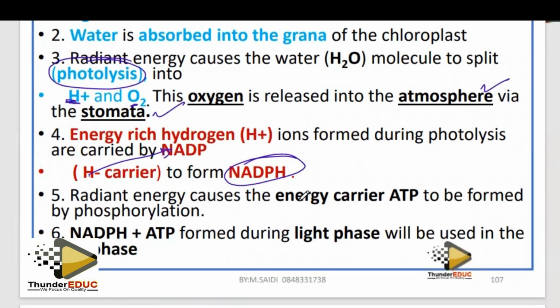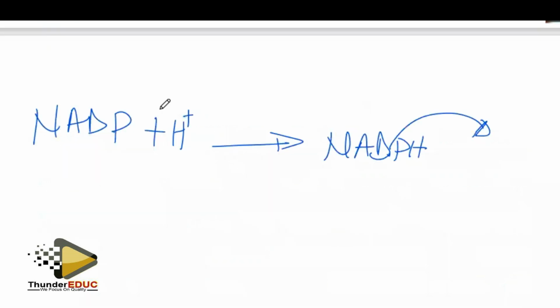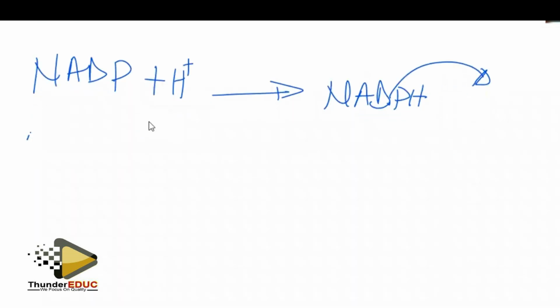The radiant energy also causes the energy carrier ATP to be formed by the process of phosphorylation. Phosphorylation, what happens? Let me show you what happens. Before, it is ADP, which is adenosine diphosphate, meaning two phosphate groups.